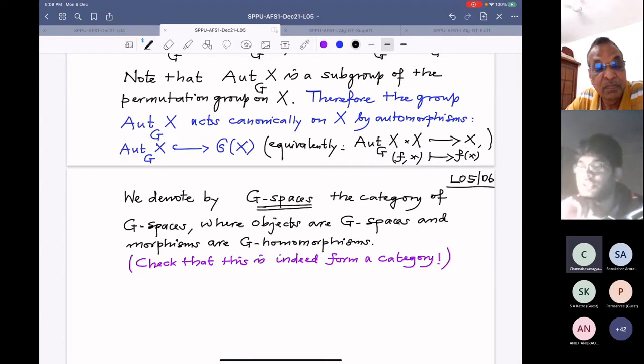Composition is a partial function. If the domain of G is equal to the codomain of F, then the composite GF is defined. That's why I said composition is a partial function.